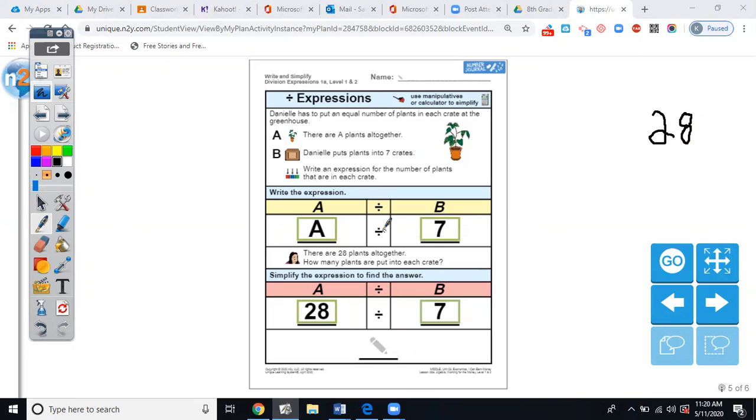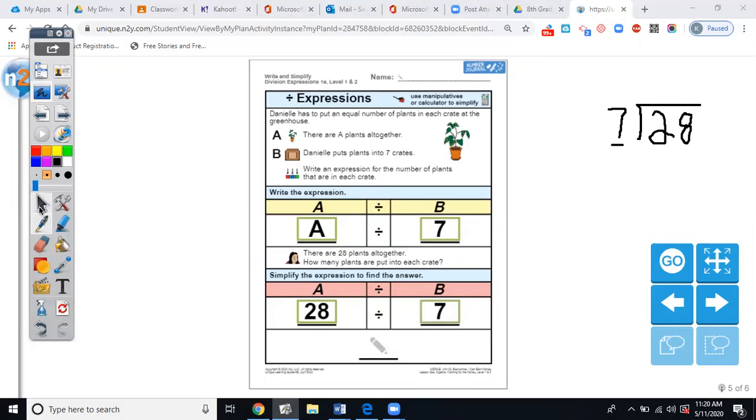I mean, we could use this symbol, but we've been writing it out like this. Okay, so 28 is our dividend. 7 is our divisor. So on our multiplication chart, we're going to start at 7 times what equals 28.